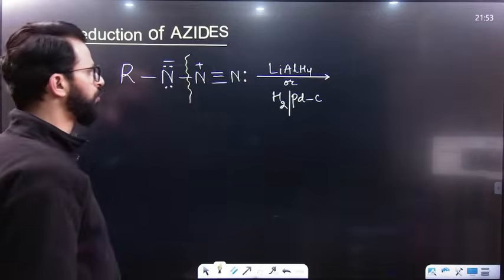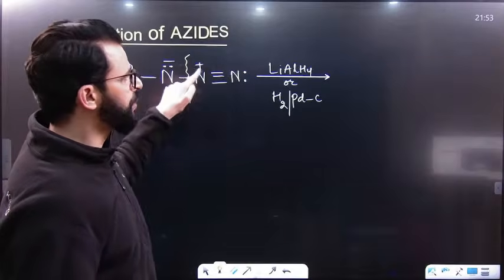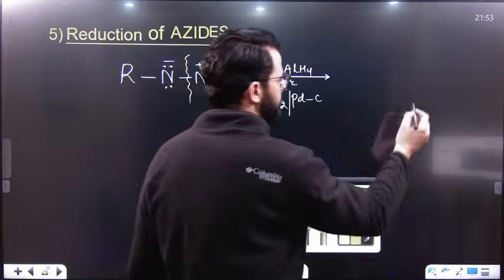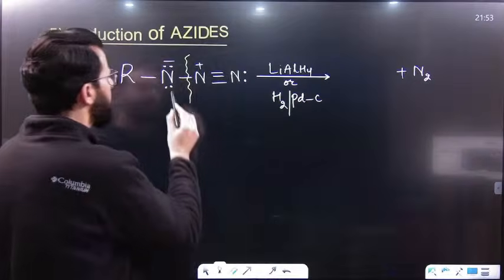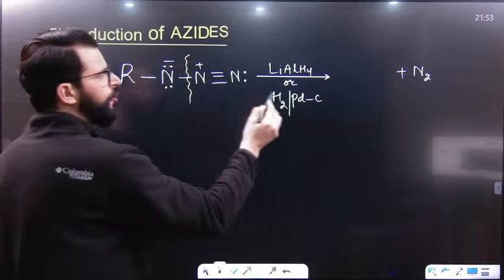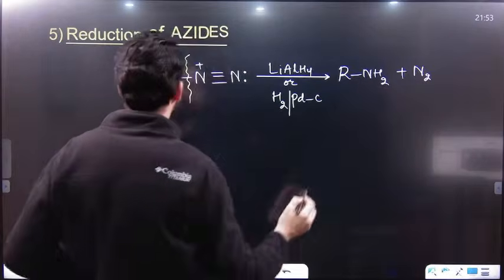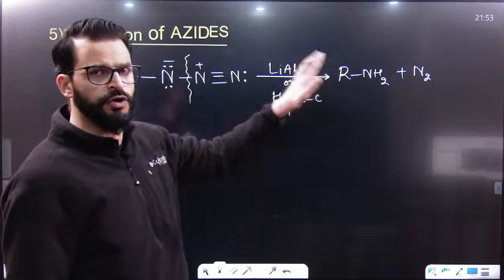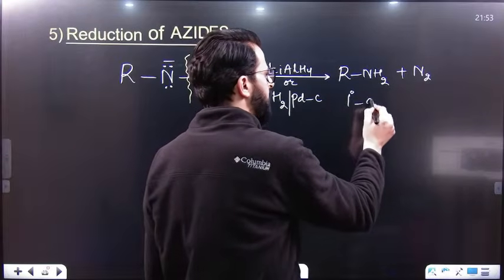When this bond is broken, this will attract electrons towards itself. So N2, that means nitrogen, will be lost. After that, this N forms NH2 by adding hydrogen. That means we convert this N into NH2 by removing nitrogen. So in this fashion, we will get primary amine.